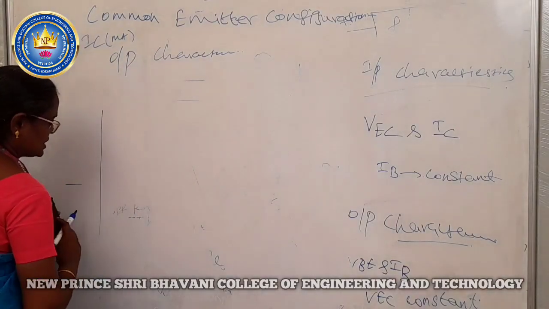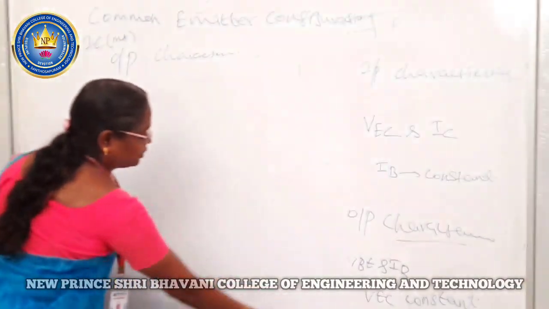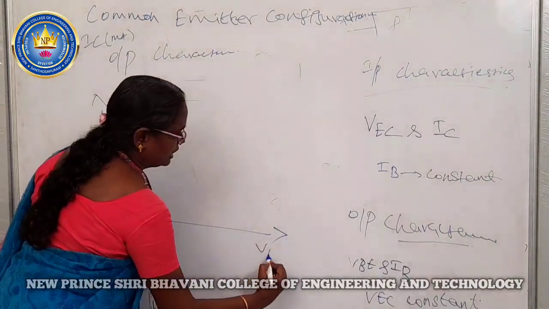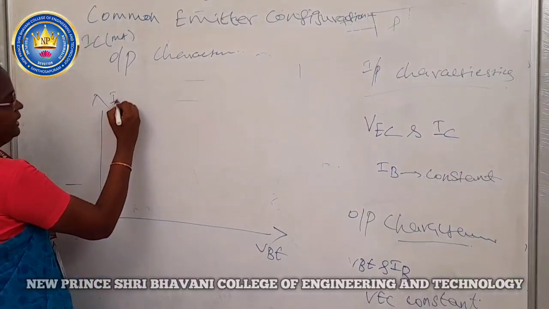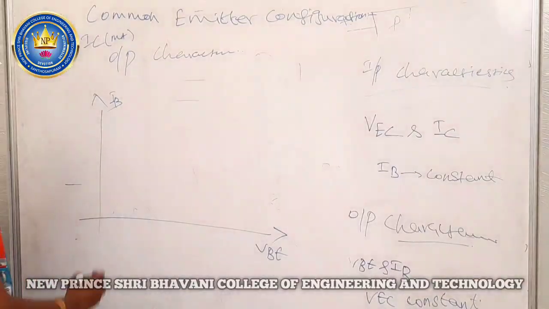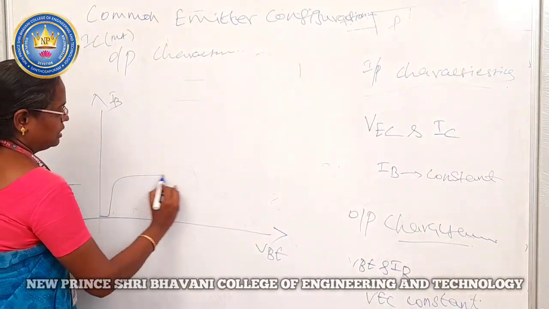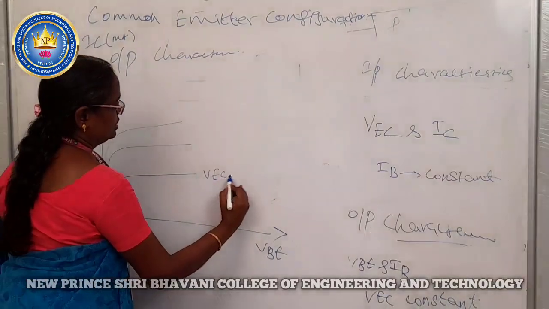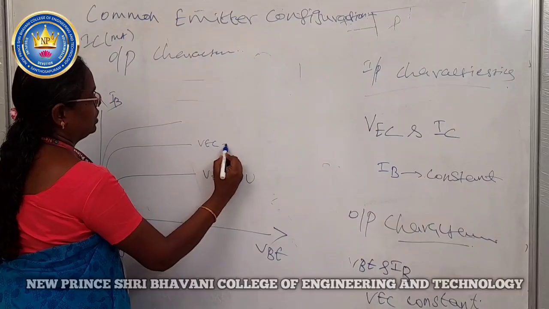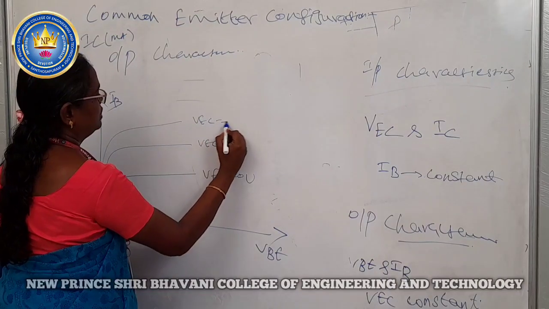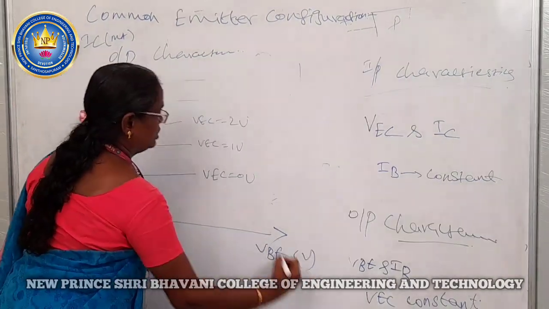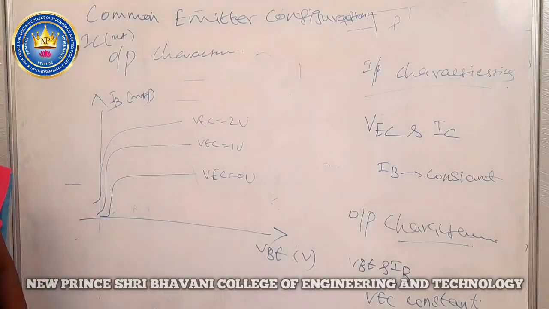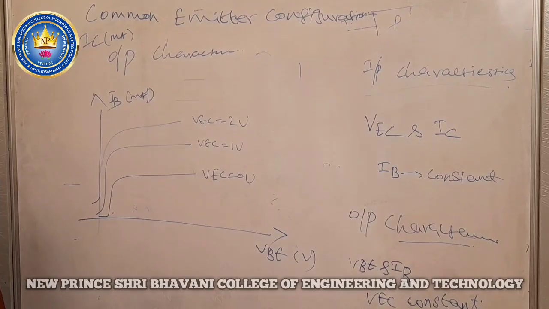So in case of output characteristics, how to plot the graph between VBE versus IB. Okay. So VCE is kept constant: 0 volt, 1 volt and then 2 volt. So this is for the characteristics of common emitter configuration.